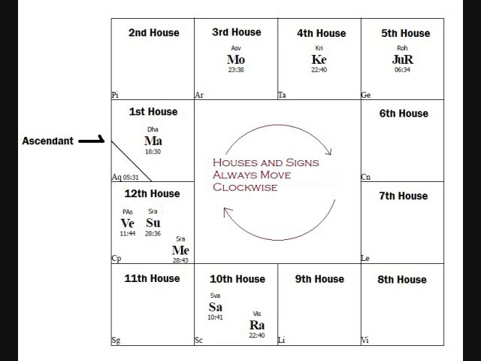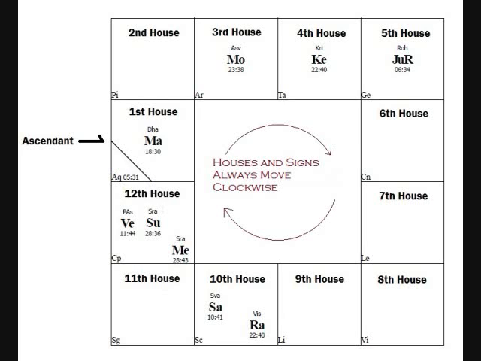The degree of the ascendant usually indicates a sensitive point within every other house. So 5 degrees of Aquarius is the most sensitive point within the ascendant, within that first house. That means that 5 degrees is also going to be a sensitive point in the second house, the third house, the fourth house, and so on.